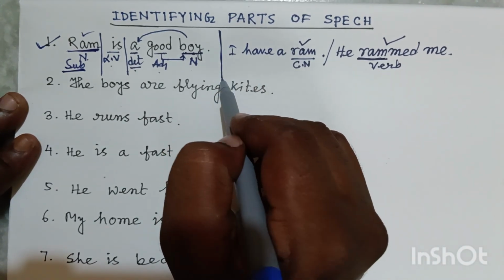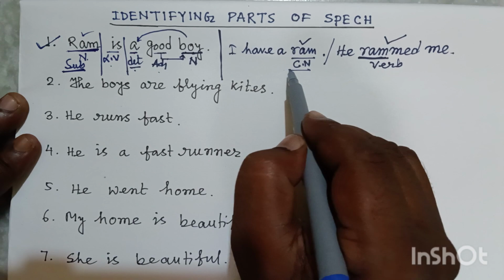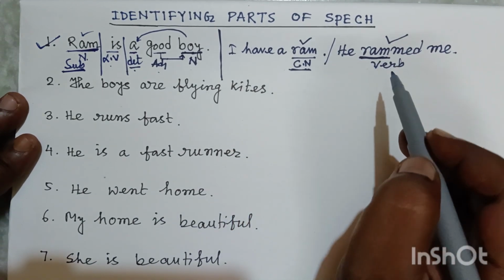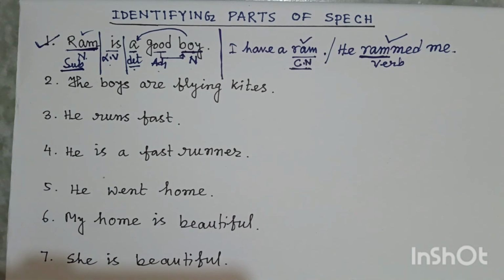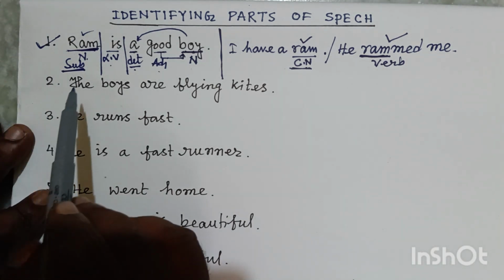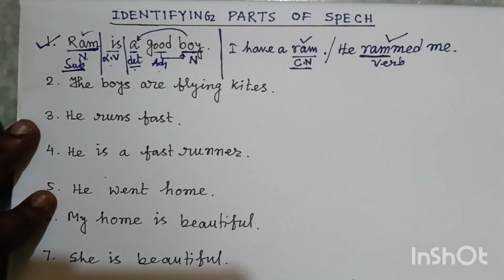Here it is a noun, here it is a verb. So the words are not absolute. What function a particular word is performing in a sentence, that is our main concern. If the word is used in a sentence, then only we can identify its part of speech, otherwise not.